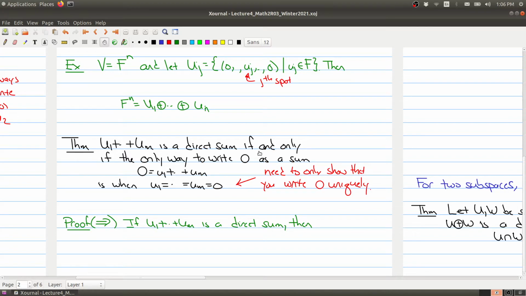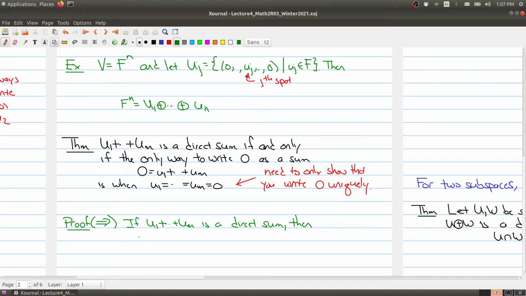It's an if and only if statement again, so there are 2 directions. First, we assume that we're given a direct sum, and then we want to show that you can only write 0 in one way. That direction is pretty clear because it's part of the definition of a direct sum.